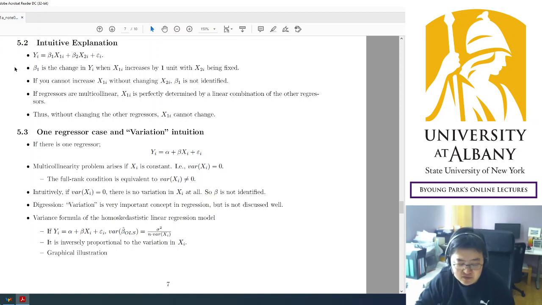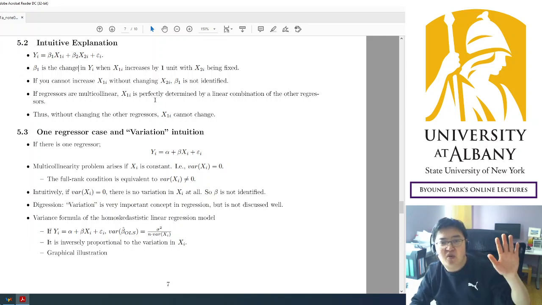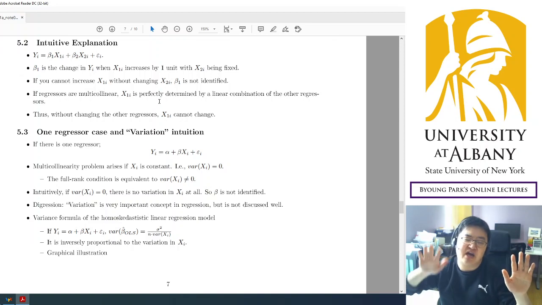That is not possible when the regressors are multicollinear. If two variables are perfectly determined by each other, then you cannot change one with the other being fixed.